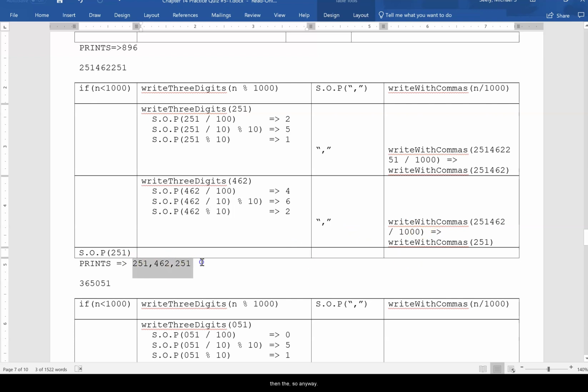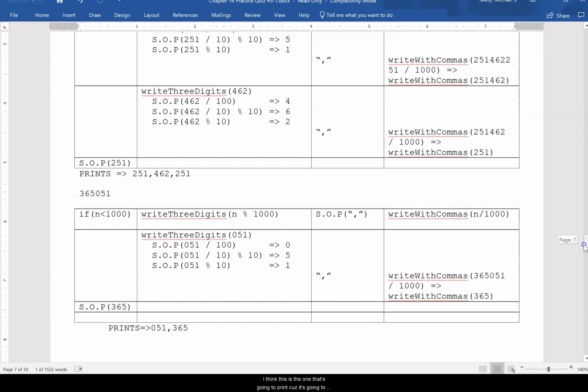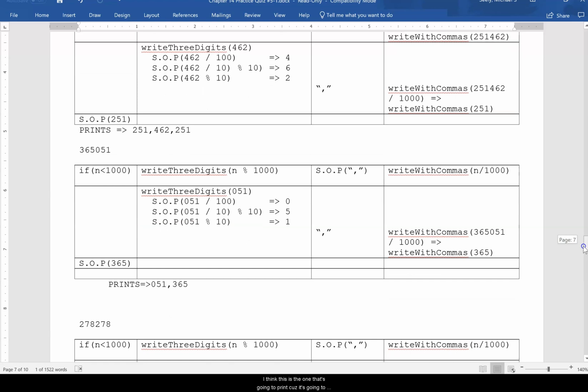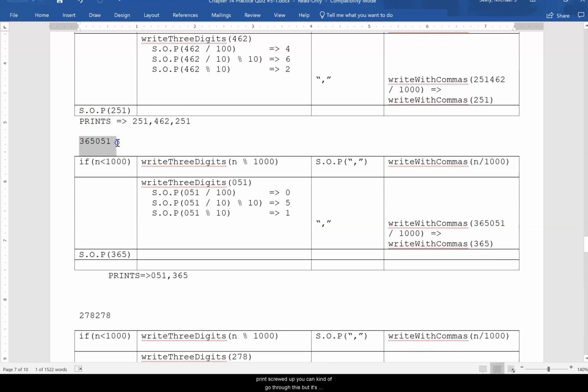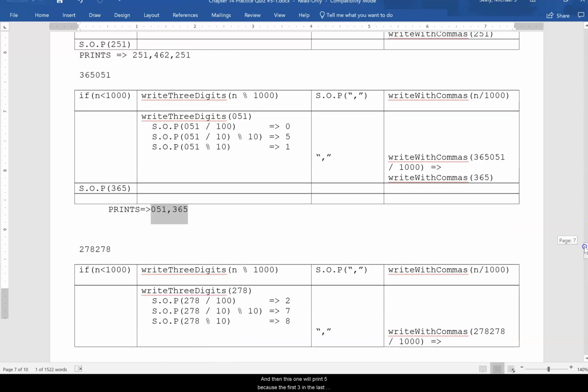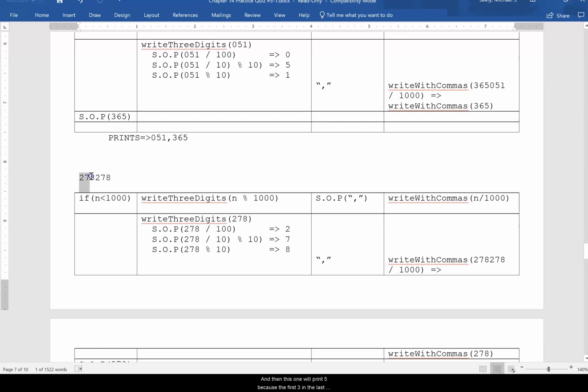So anyway, this prints fine because the first and the last characters are the exact same, and then it kind of just skips the middle characters. I think this is the one that is going to print screwed up. You can kind of go through this, but it's going to print 051365, and then this one will print 5 because the first 3 and the last 3 are the exact same.